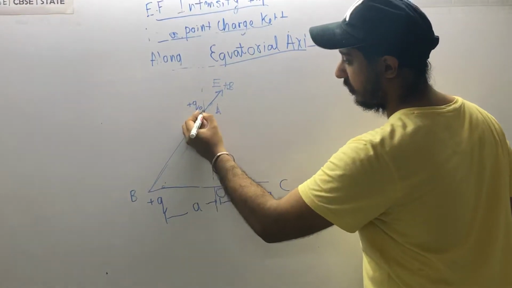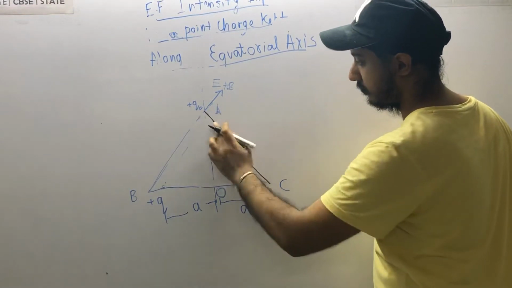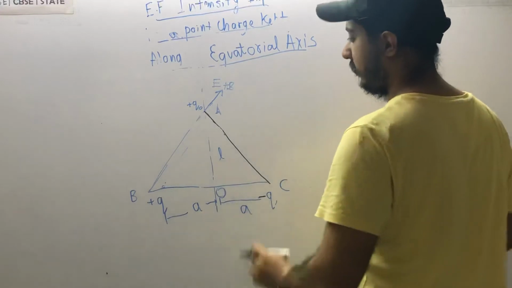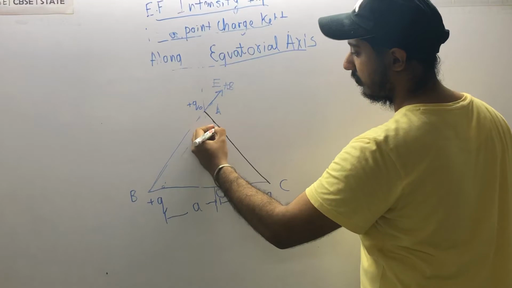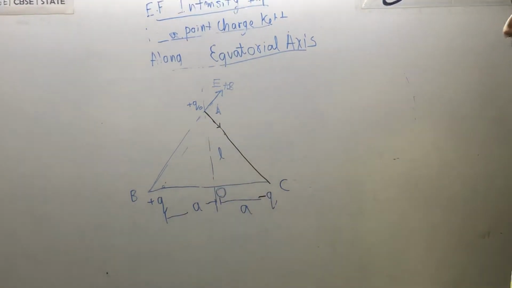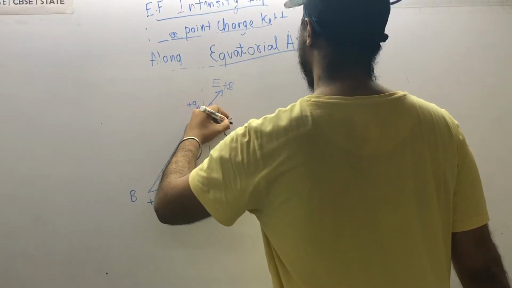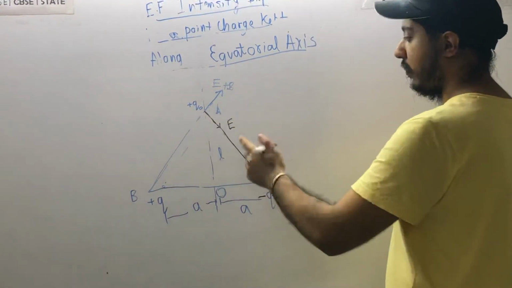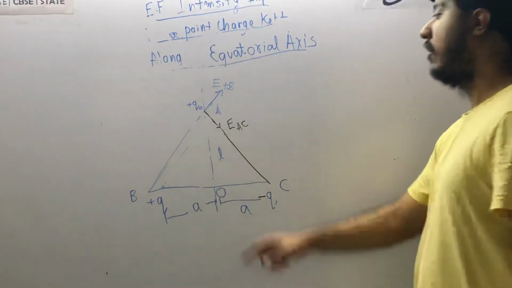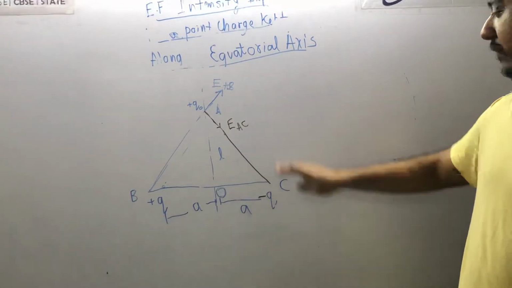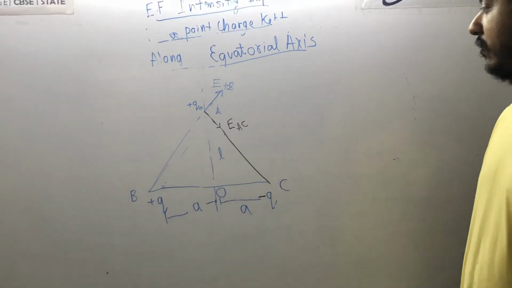The line joining them will be something like this, and the force will act along this axis. This will be known as EAC. EAC is basically the electric field acting on A due to the charge kept at point C. I hope that is clear to you all.